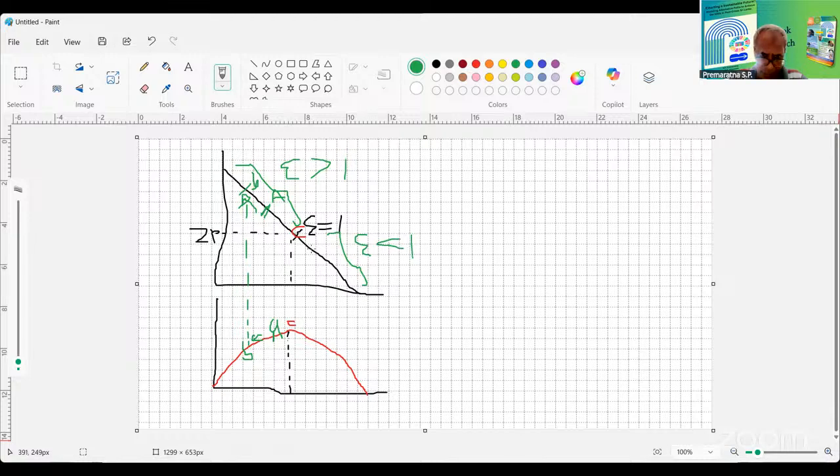now let's say somewhere here, point E. If you decrease price to reach somewhere here, let's say the point F, you can see the result.